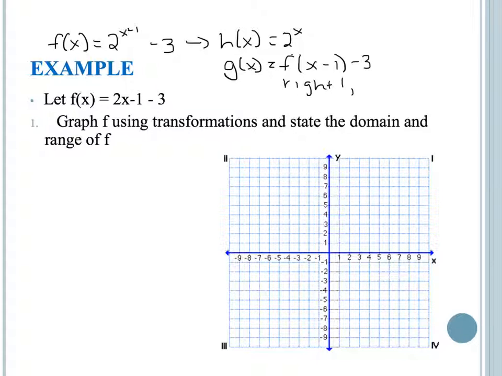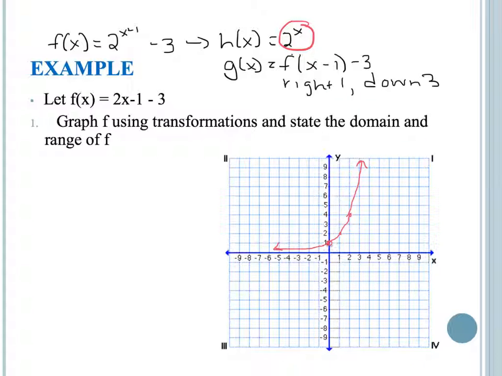And the minus 3 tells me to go down 3. So I have a pretty good approximation of 2 to the x. I know that it starts here, goes here, and then I have a horizontal asymptote at y equals 0. It looks something like that.